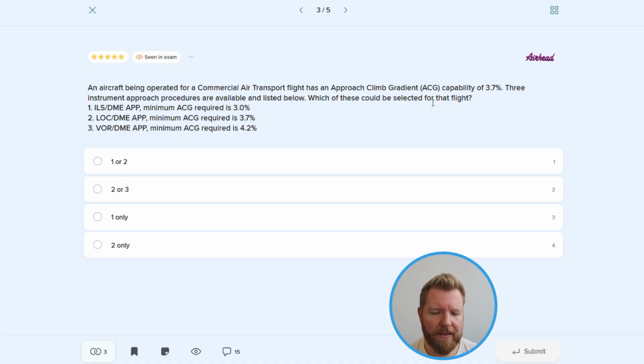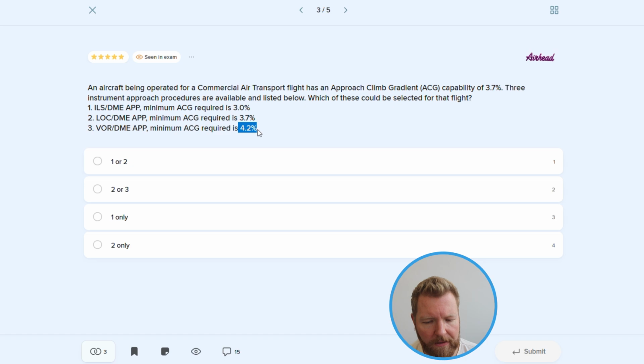Keeping this in mind and coming back to the question, we can see that this aircraft has 3.7% approach climb gradient. So from the given procedures, we can only perform the ILS DME or localizer DME approach that have 3% and 3.7% missed approach gradient respectively.